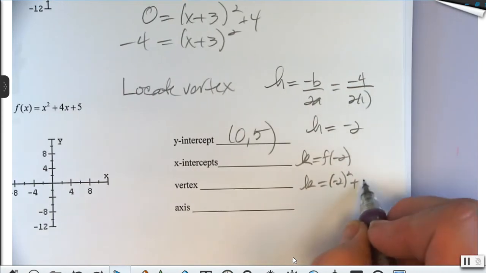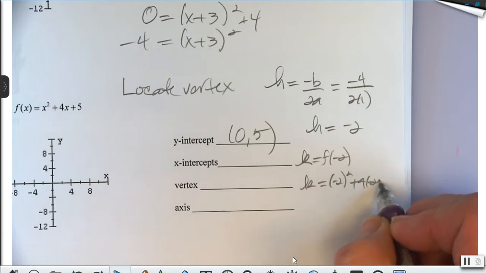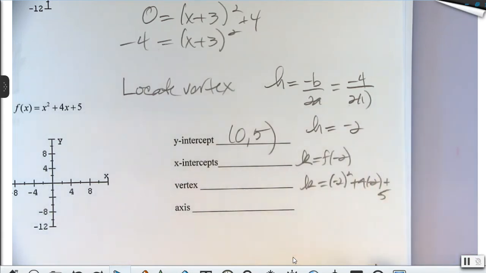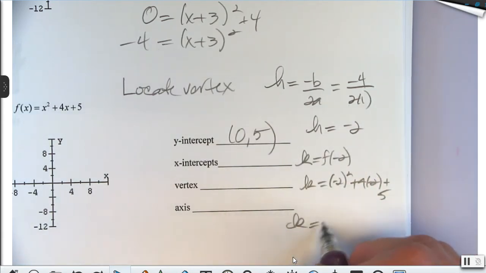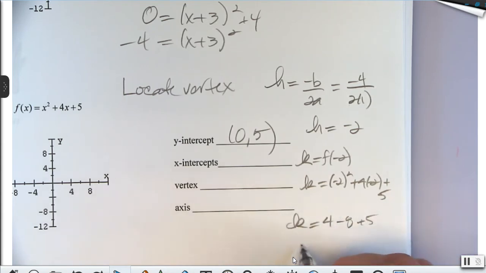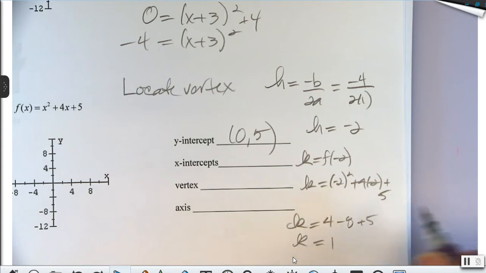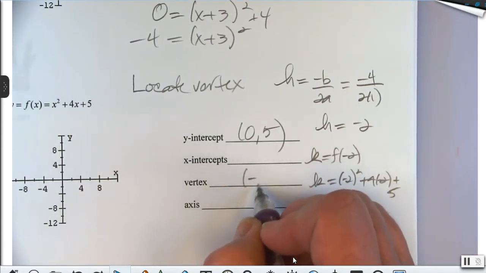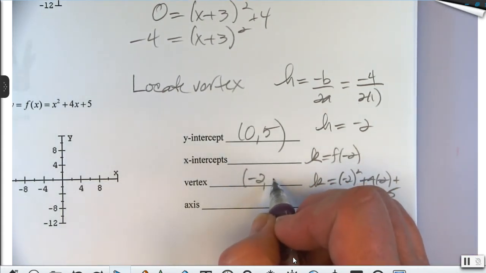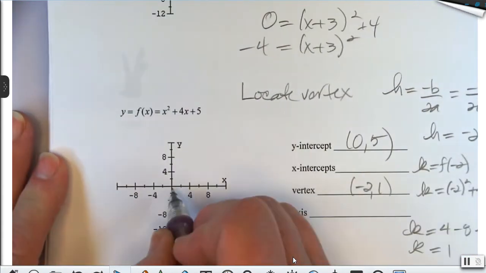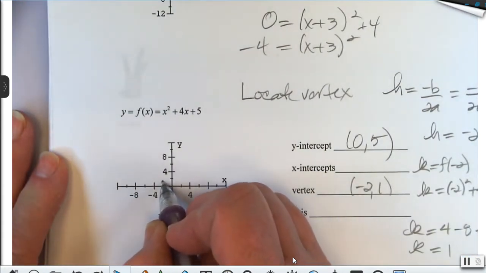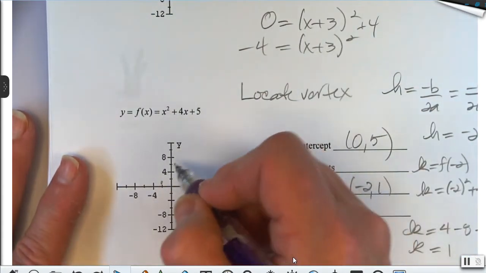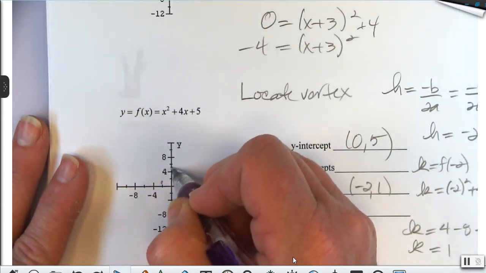Please use parentheses. 4 times negative 2 and plus 5. I'm running out of room here. So this is 4 minus 8 plus 5, or it looks like k is equal to 1. So my vertex is x is negative 2, y is equal to 1. So negative 2, y is 1. We're opening upward. Here is my y-intercept.